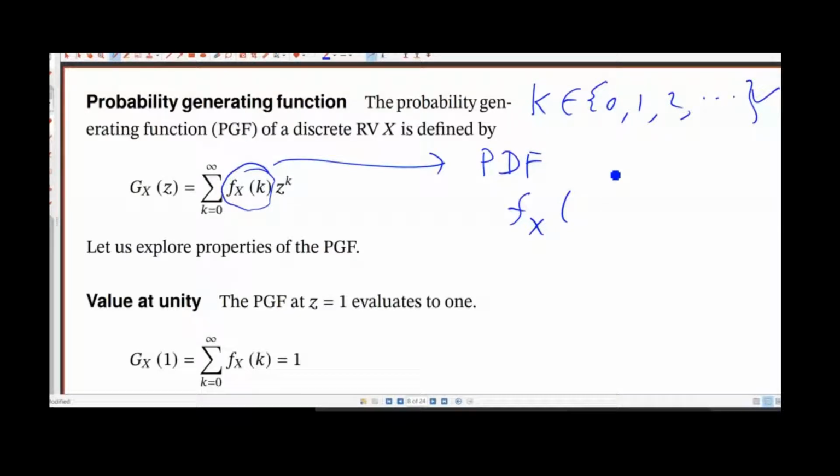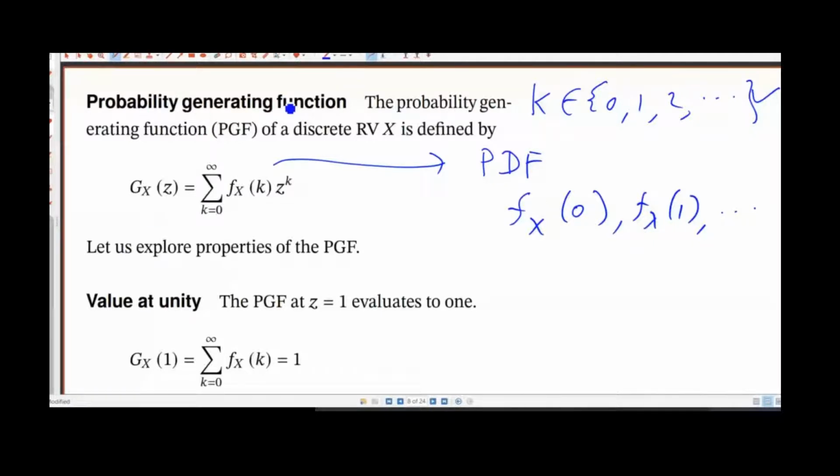So these are sequences. I will have f_X of 0, f_X of 1, and so on. I get a sequence. I multiply each value by the respective power of z, sum this as a power series, and that will be the generating function for X. So it's called the probability generating function.